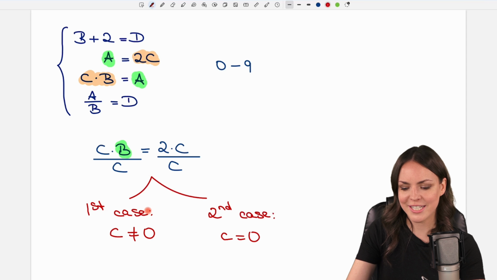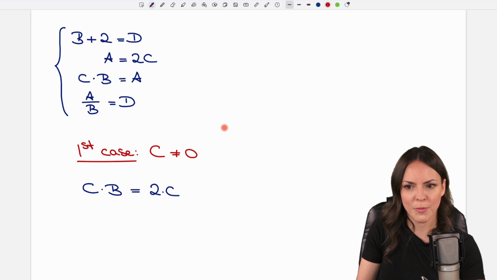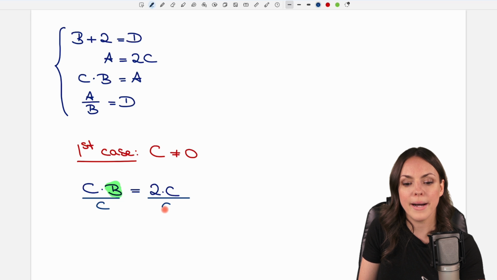So first case scenario, our C is not equal to 0, which means that if we want to solve for B, we are allowed to divide both sides of the equation by C. Here, C cancels out and only B is left, and on the other side C cancels out as well and only 2 is left.